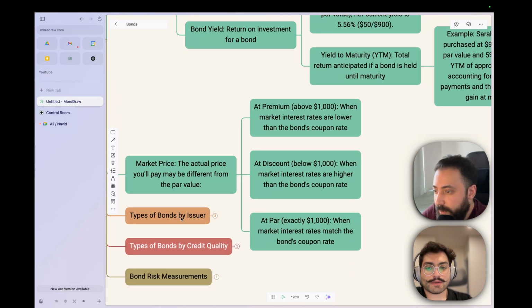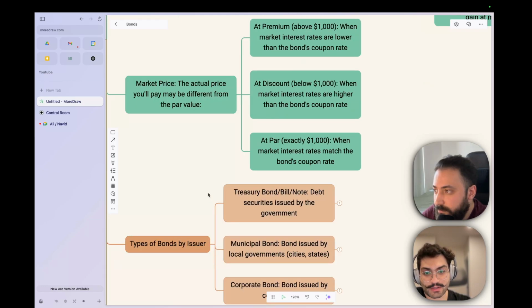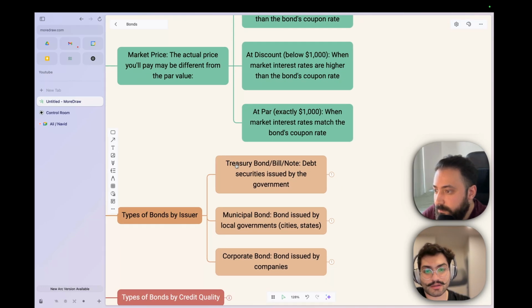So, okay, now we want to look at the types of bonds by issuer. Some bonds are treasury bonds, bills, or notes. They're bonds which the government, the federal or provincial government, or the state government in the US, has issued.